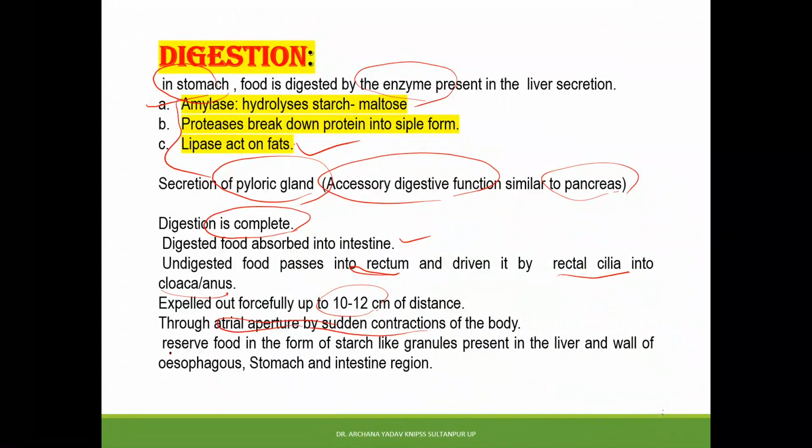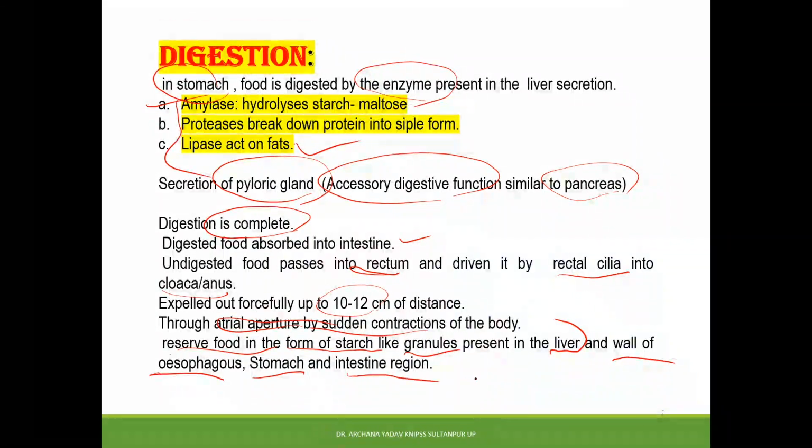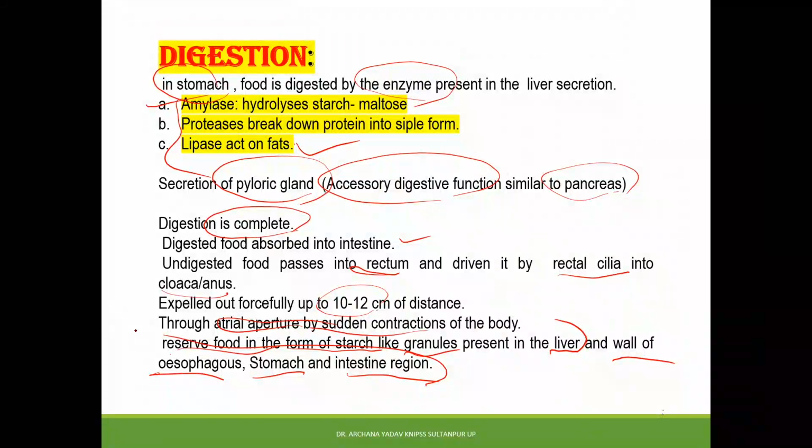The reserve food is present in the form of starch-like granules in the liver and the wall of the esophagus, stomach and intestine region. So the whole digestion of Herdmania is now completed.